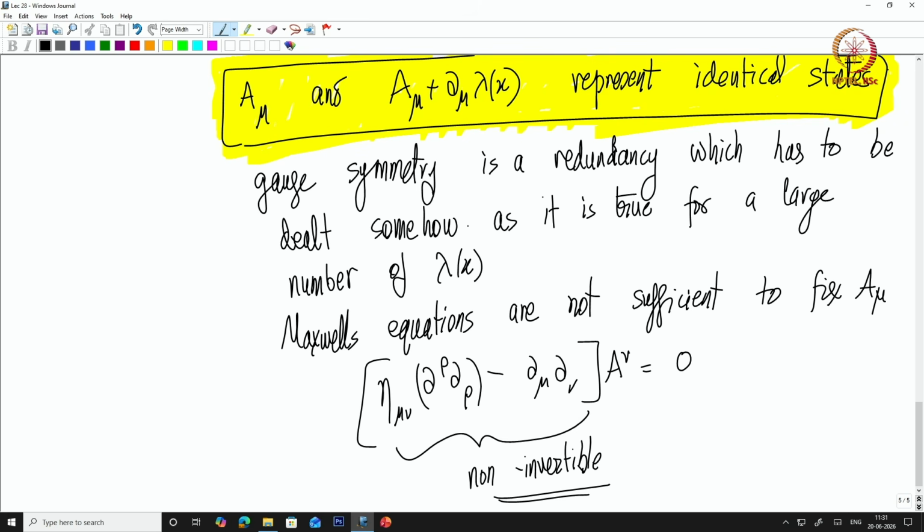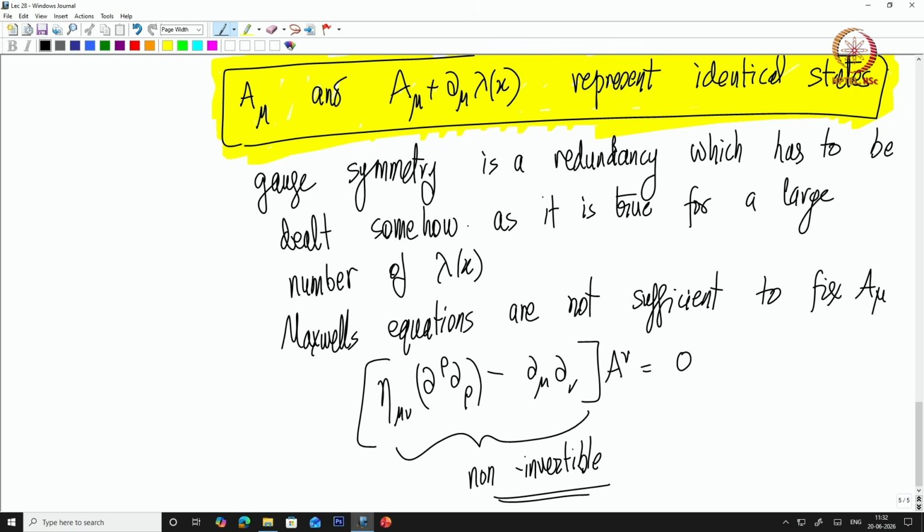Now here the operator itself is not invertible, because its inverse is not definable. It is a matrix with a reduced rank, and it always has a 0 eigenvalue.